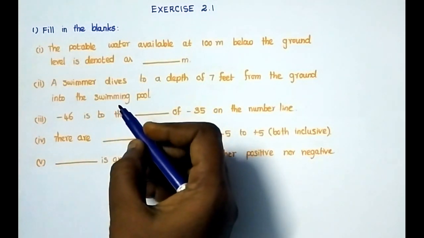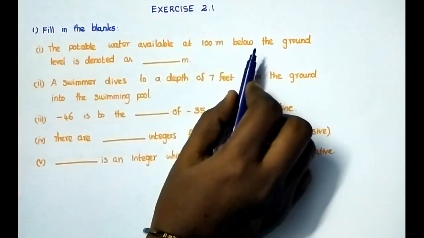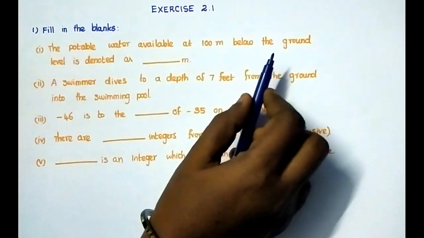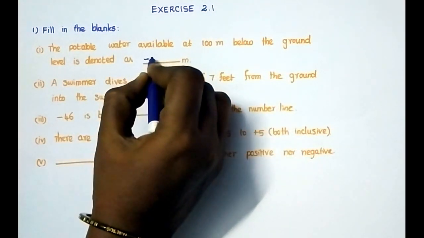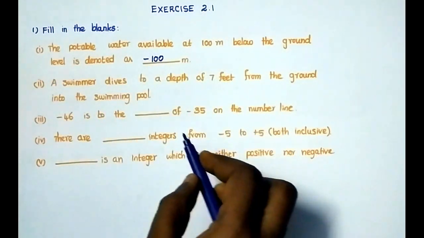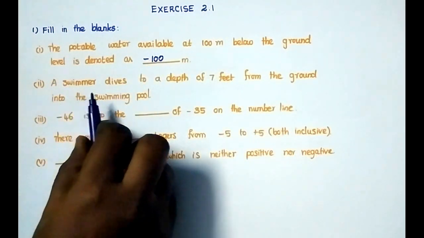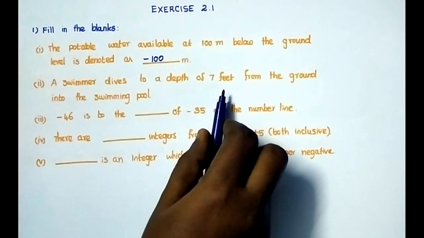Above the ground level is positive. So below the ground level, that is minus 100 meter. That is the answer.